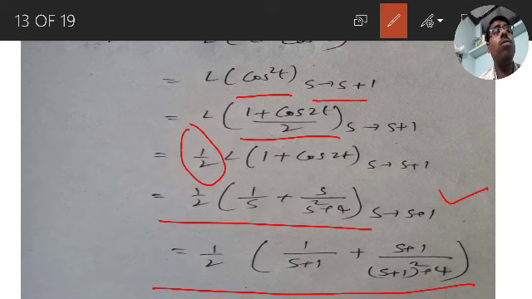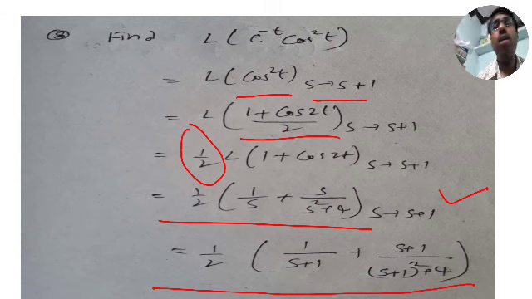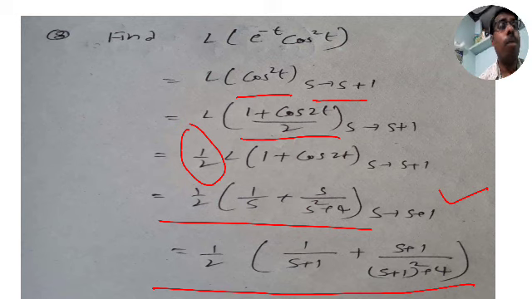So that's what I said, why these problems come many times in examination. First we applied the first shifting theorem, second we used the cos square a formula, cos square a is equal to 1 plus cos 2t by 2, and third, taking constants outside means applying the linearity property.